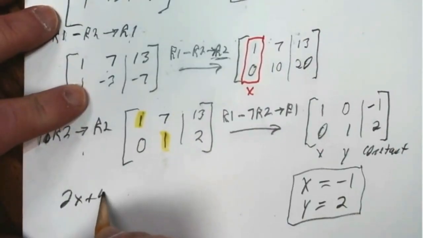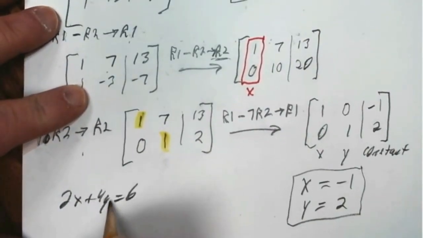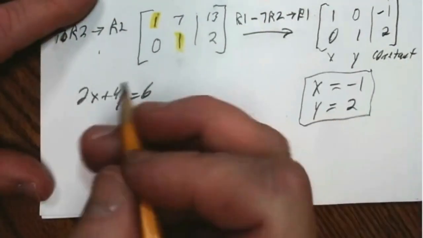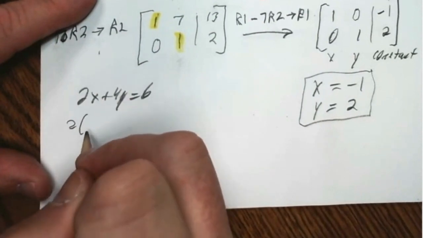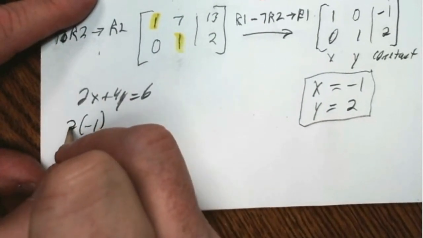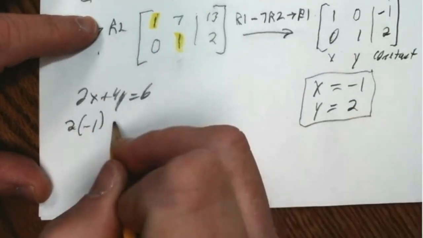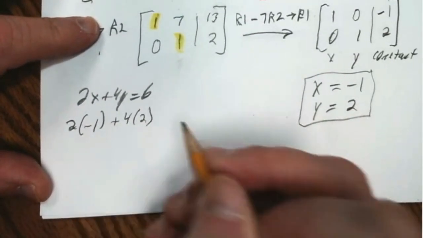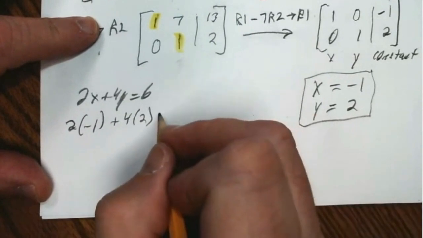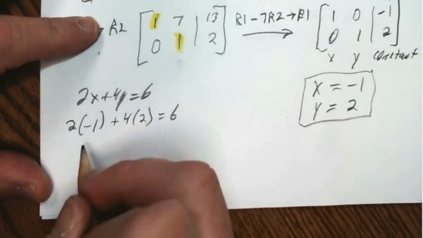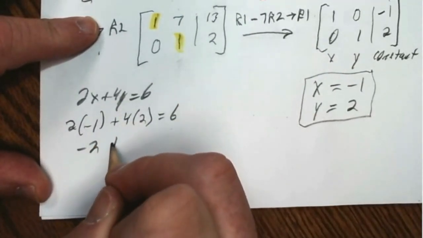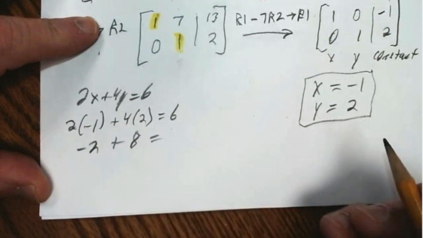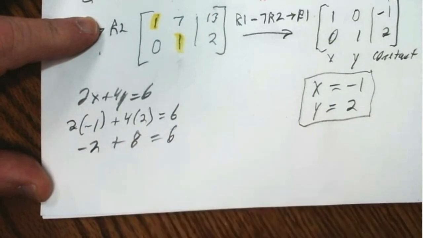2x plus 4y equals 6. Well, if this is the solution, 2 times negative 1, since that's what x is, plus 4 times 2, since that's what y is. 2 times negative 1 is negative 2. 4 times 2 is 8. And it does equal 6.